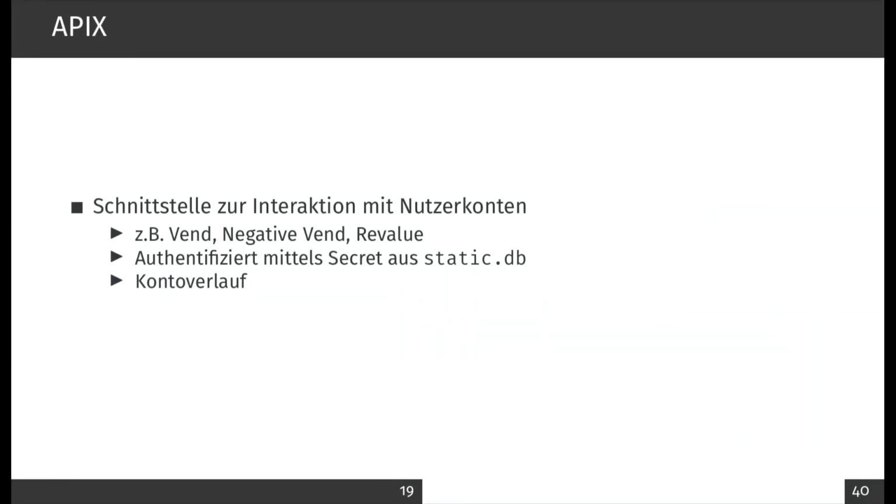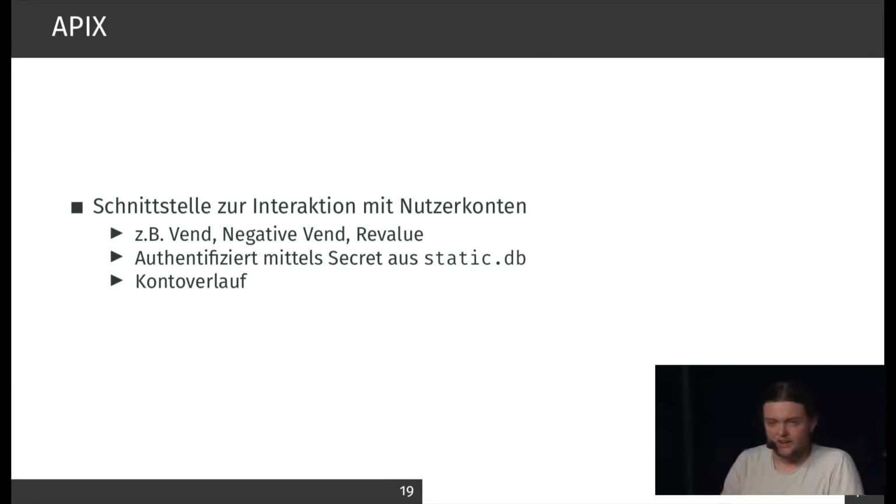The next API endpoint is the API endpoint to interact with end-user accounts. There are some different types: vend, which sells something, negative vend for return deposit, or revalue that you can use to top up the card at some machine.